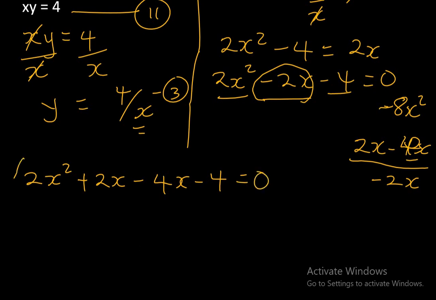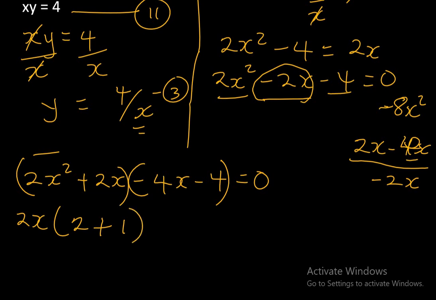Now I can group this and group this. For the first term, I can remove 2x from each term. If I remove 2x from 2x squared, I'll be left with x. Hold on, let me take this again. I think there's a slight mistake.